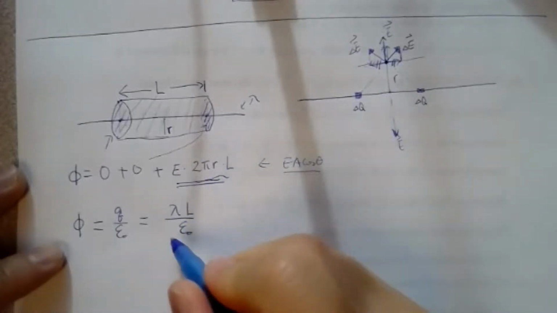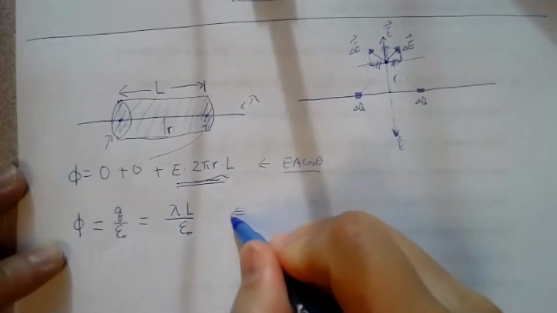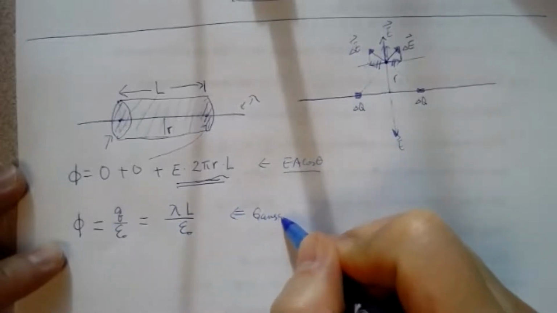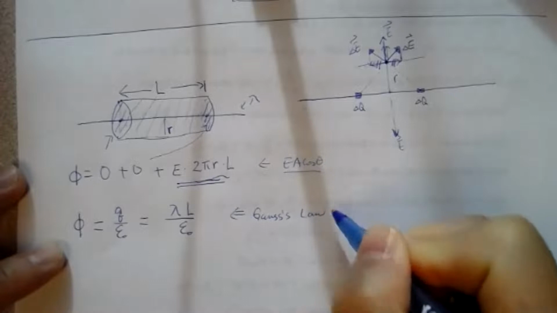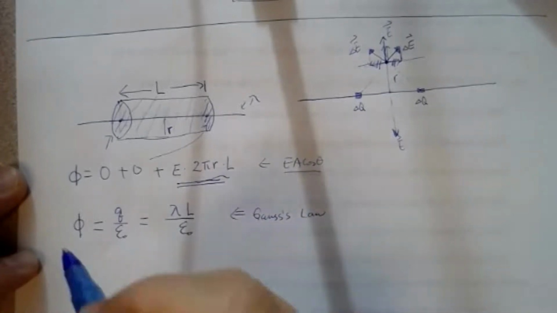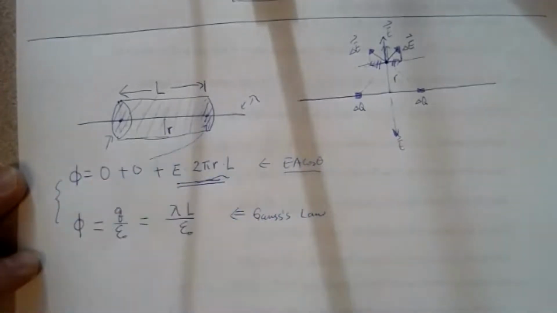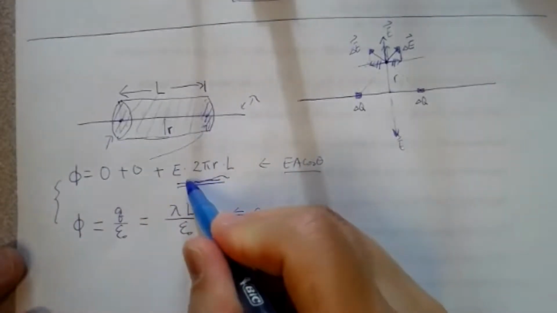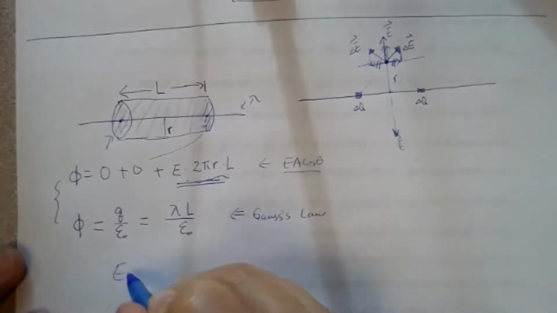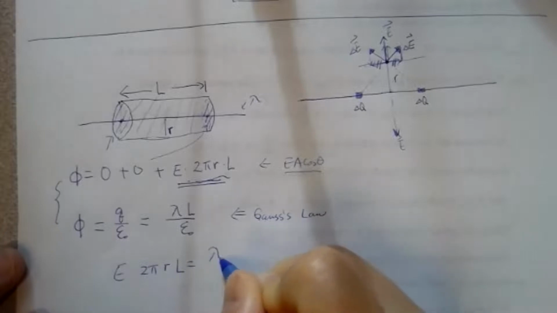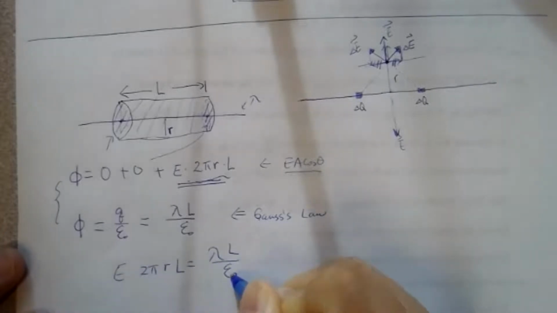Now you have the flux calculated in two ways, and they should be equal. So E times 2 pi times R times L is equal to lambda times L over epsilon naught.